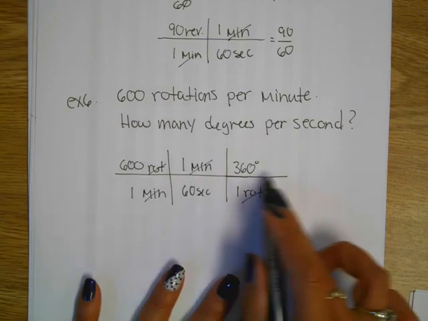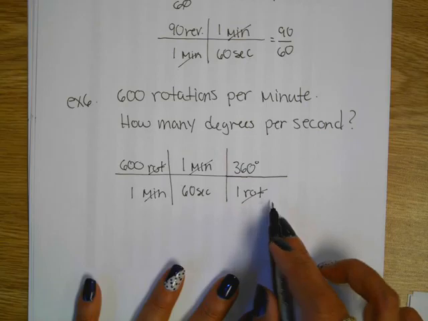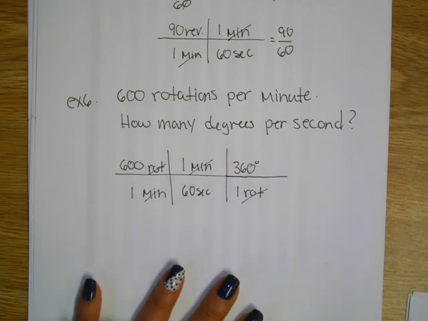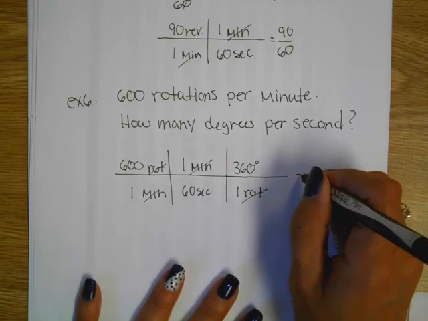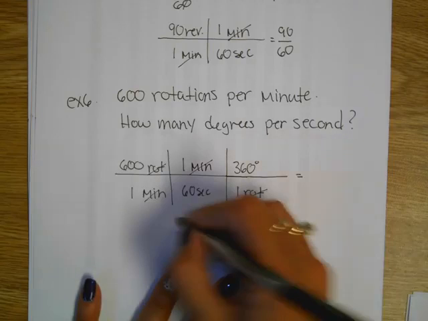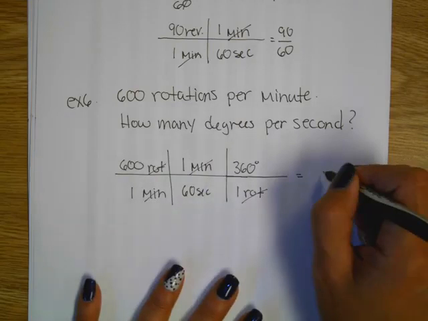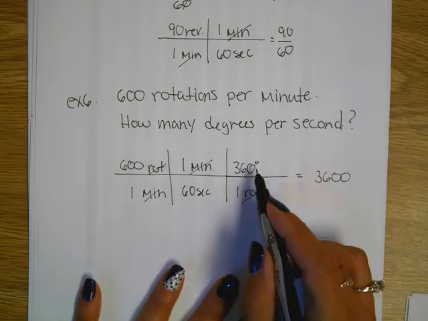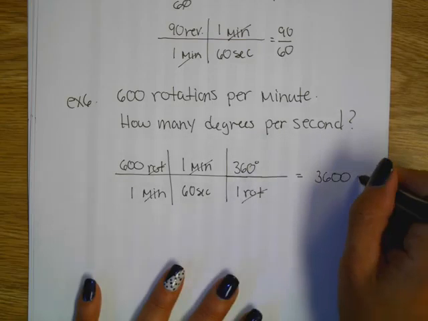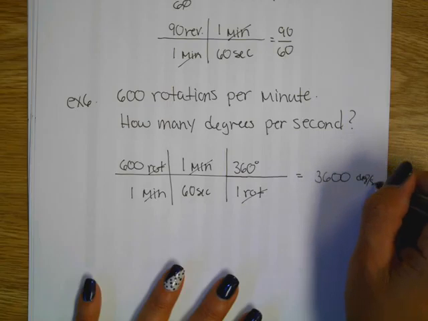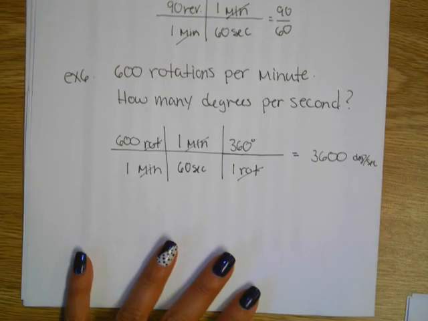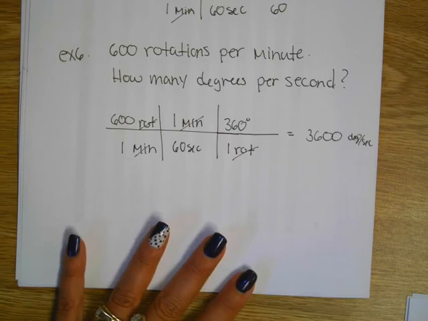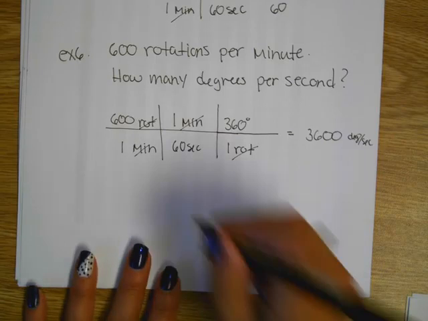So you multiply across the top, multiply across the bottom, then divide those results. Or I can reduce here and do all my stuff, but you will get 3,600, and what you have left, degrees per second. Look at that. We'll see how you do with the problems at the end of the section.